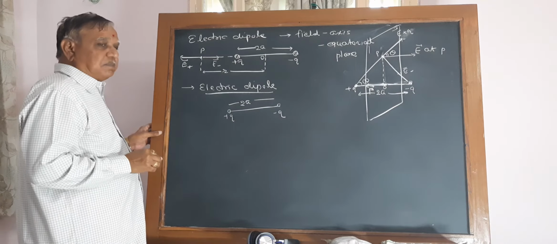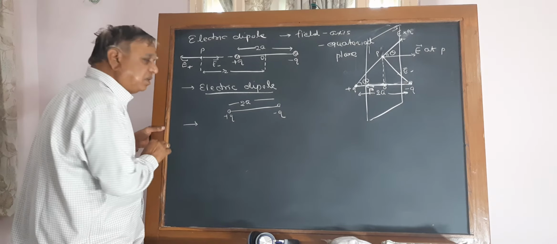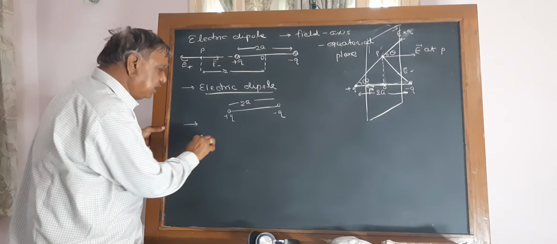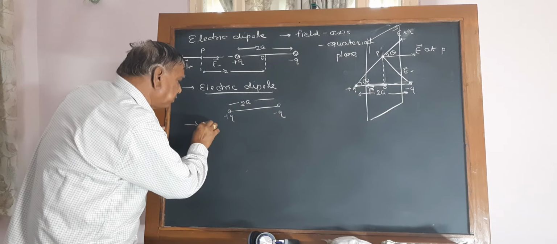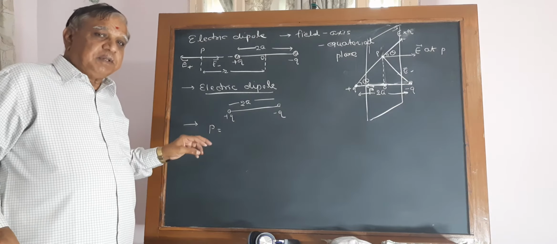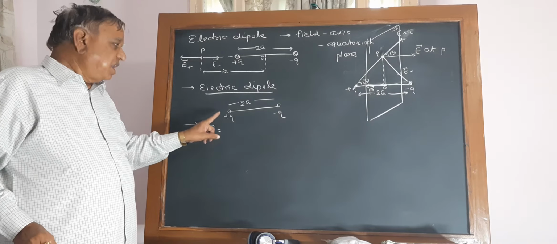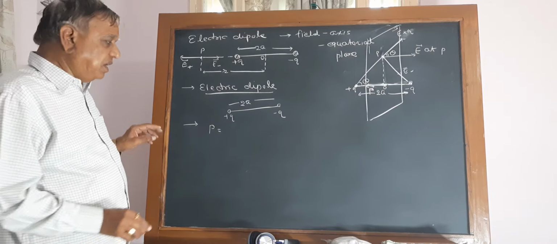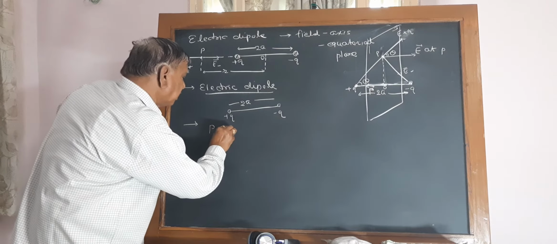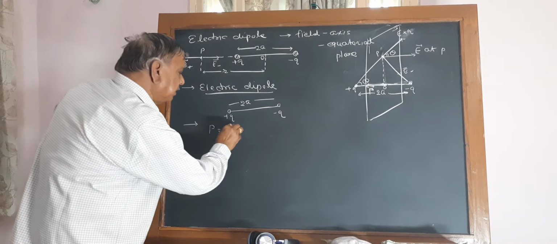Here for a dipole, we can define the dipole moment, denoted by P. Dipole moment P is the product of the magnitude of any one charge q multiplied by the separation between them, that is 2a.